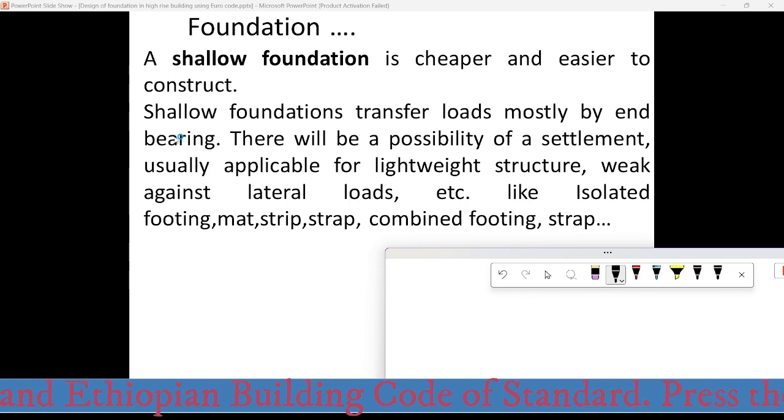So the foundation is in contact with the surface. Suppose here, this is the structure. We may have an isolated footing here. The load which is coming from the superstructure, that is the column load, will be transferred to the substrata of the soil.